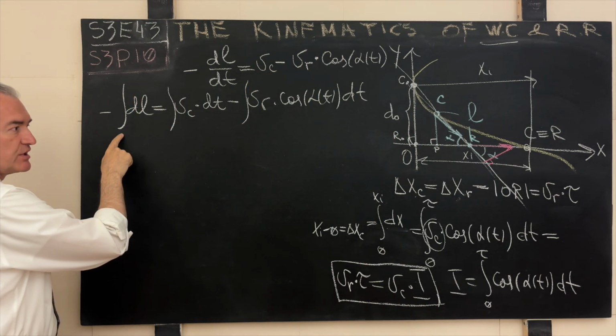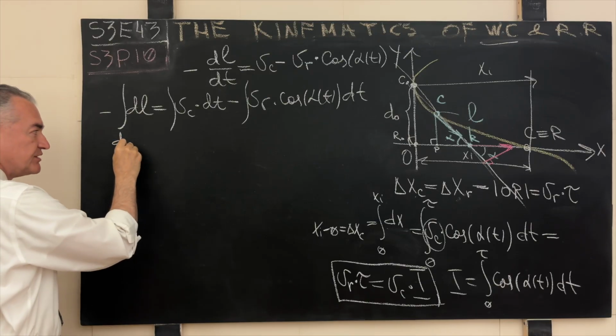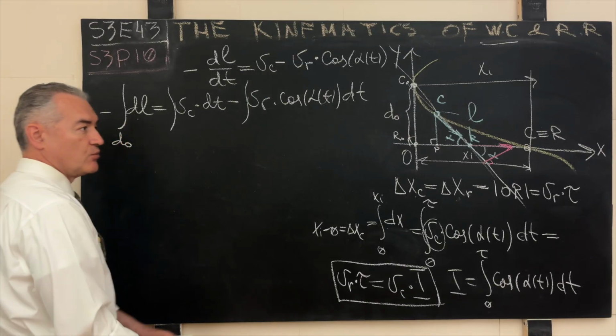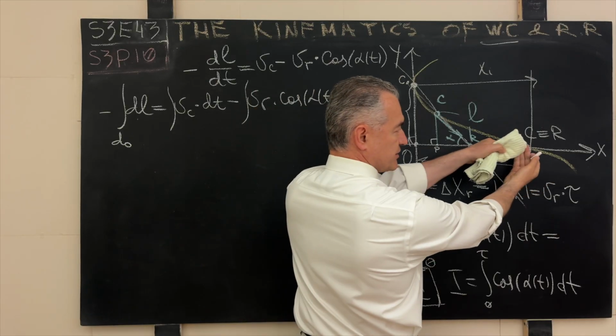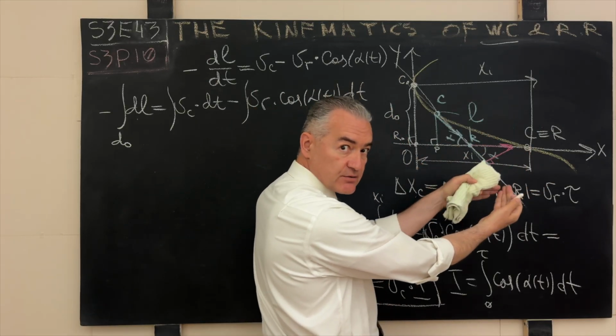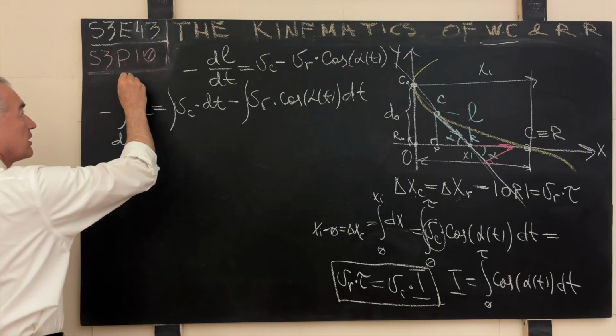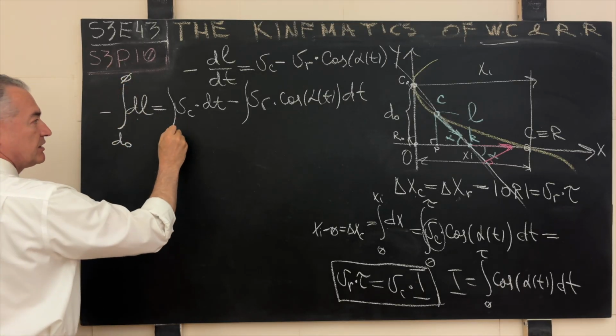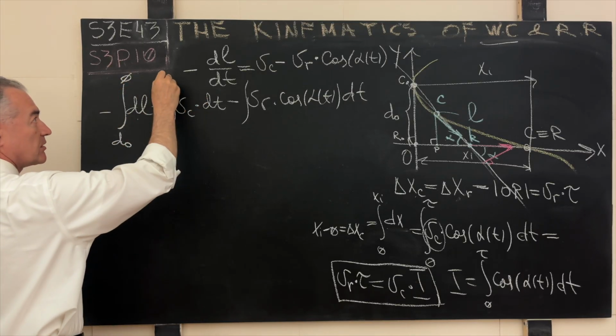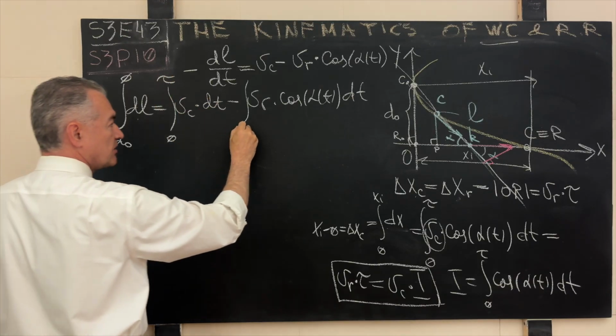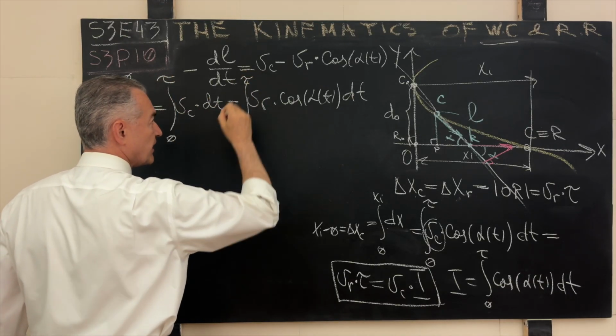What do we integrate this from? Well, initial distance was d0. What's the final distance when these 2 points converge and the intercept event did take place? 0. The distance is 0, so the upper boundary is 0. Here, all the integrations for time go from 0 to intercept time, tau.